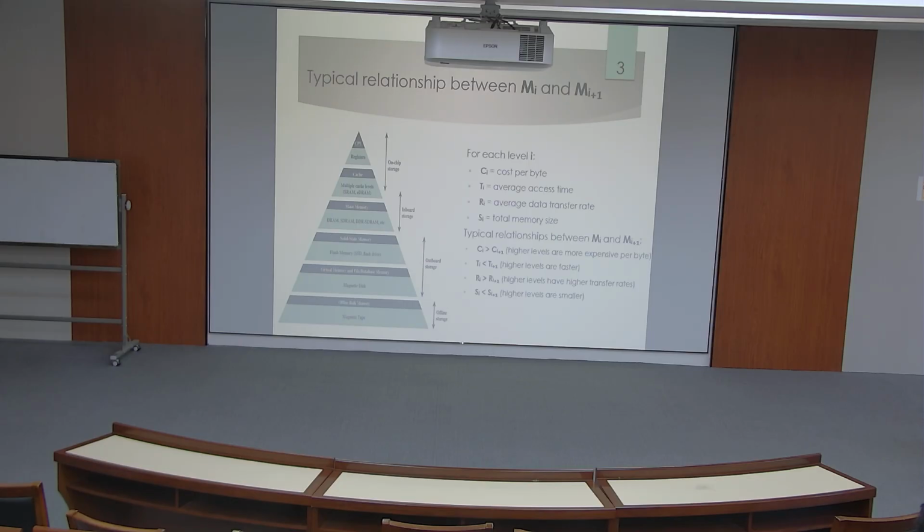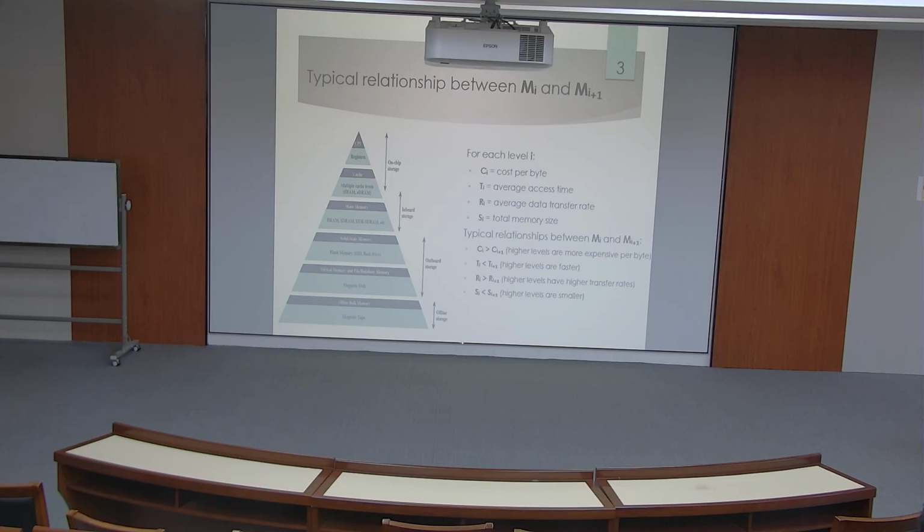So for each level we have a cost per byte, an average access time, and an average data transfer rate. We also have, for each level of the memory hierarchy, the total memory size.